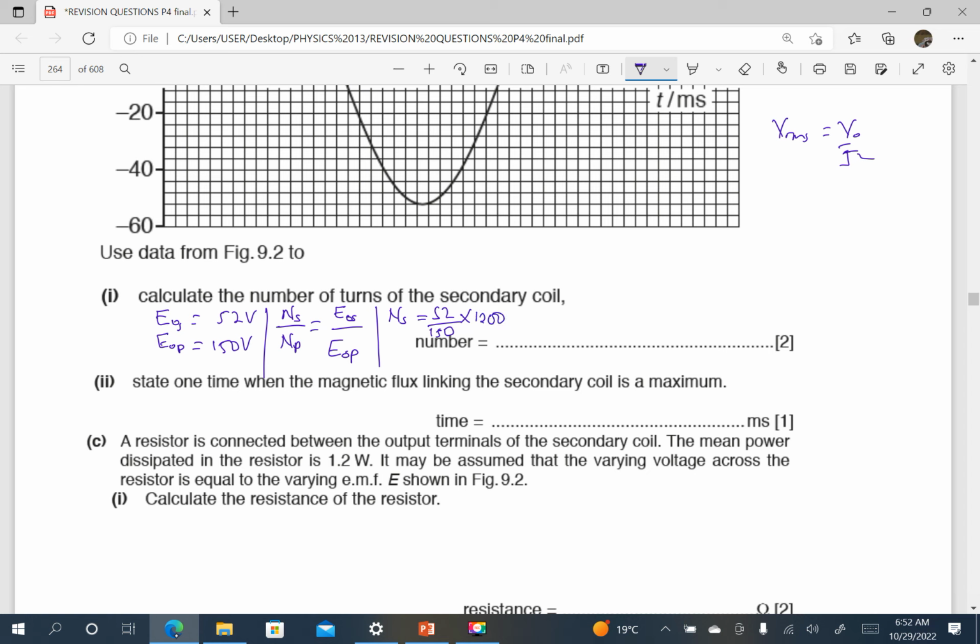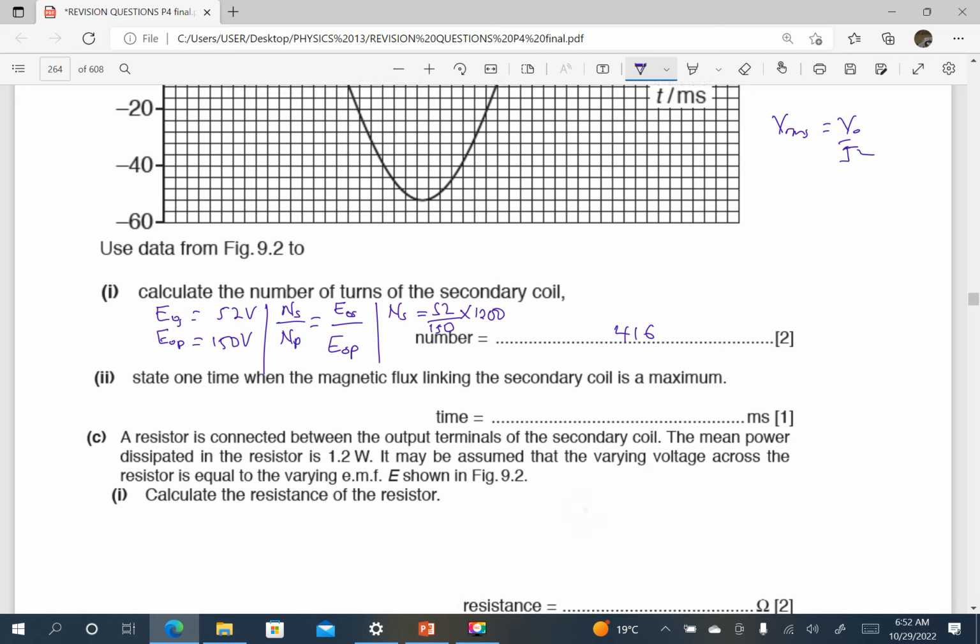So I press my calculator: 52 divided by 150 times 1200. This is giving me 416. The number of turns is 416.